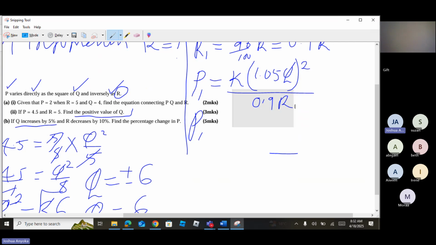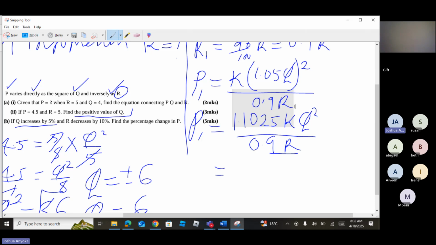So P after the change will be equal to 1.05 squared, which is 1.1025, K Q squared over 0.9 R. Make sure that the coefficient is just one number.